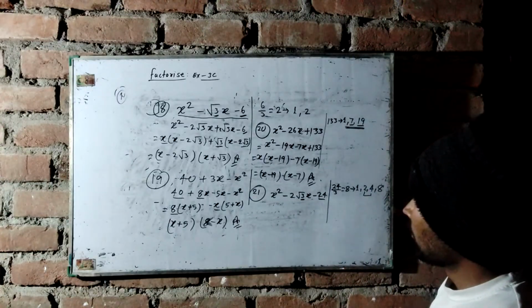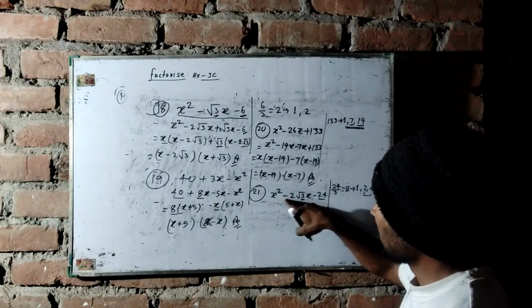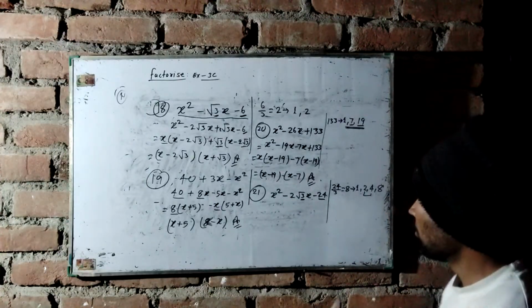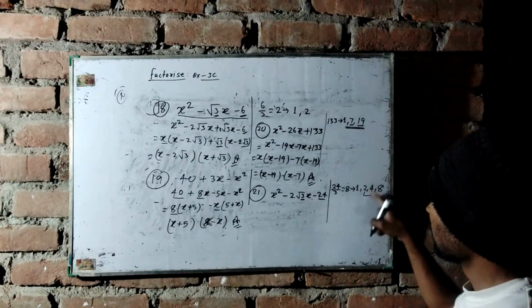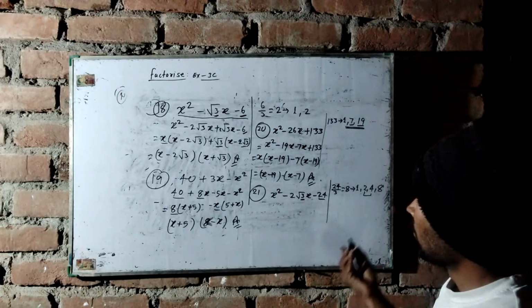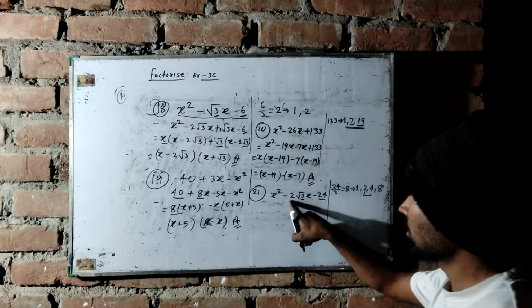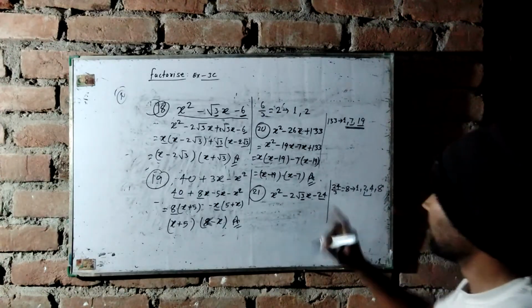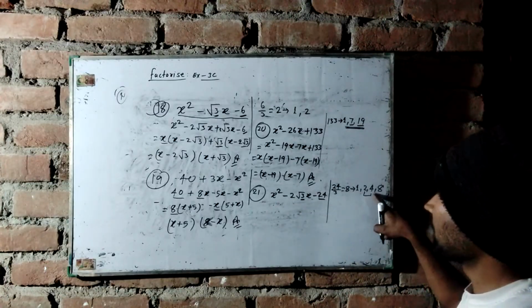But we can see here a minus sign. So we need a minus sign with one of these numbers. To get minus, we need to take the minus sign with the greater number.